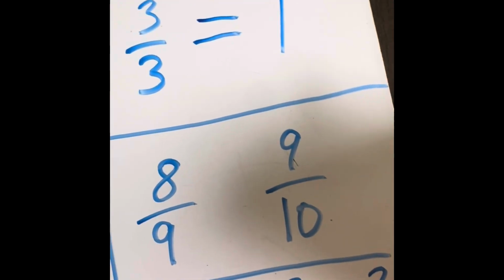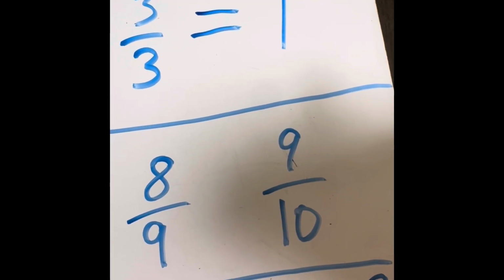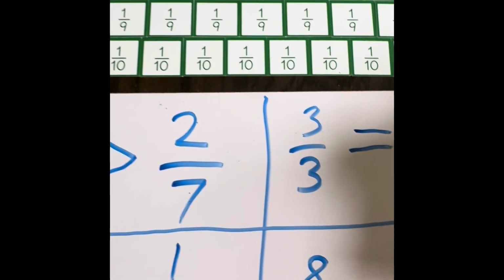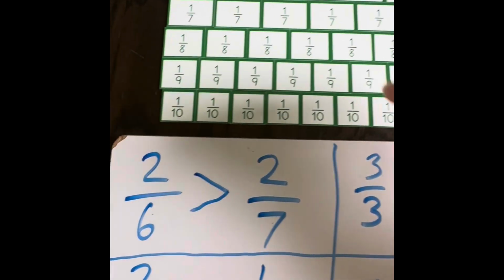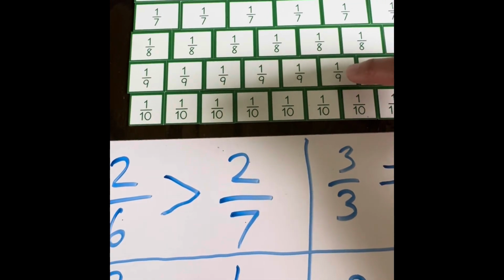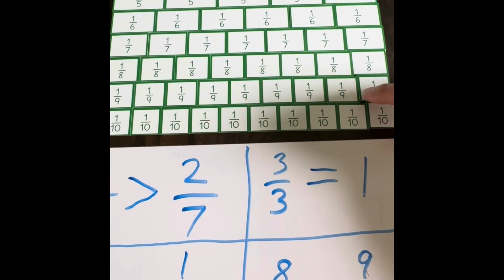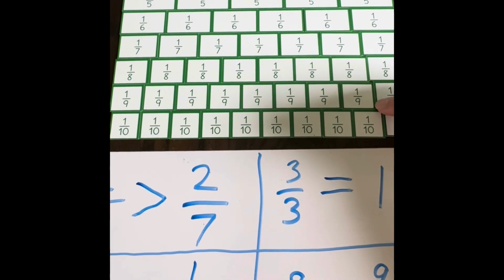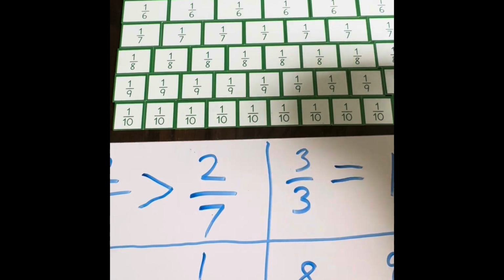Next we have 8/9 and 9/10. So let's find the 9th. Here's the 9th row. We have 1, 2, 3, 4, 5, 6, 7, 8/9 right here, and I'm going to put my marker here to mark that.